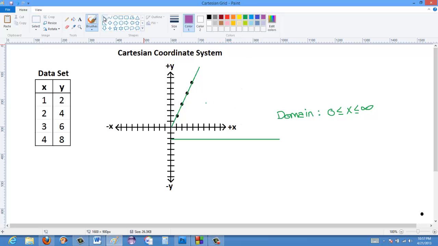So in this case, the graph goes from 0 and it goes up almost to infinity in the y direction. And so what we would say here is that the range is 0 less than or equal to y, which is less than or equal to infinity. That's how we define domain and range.